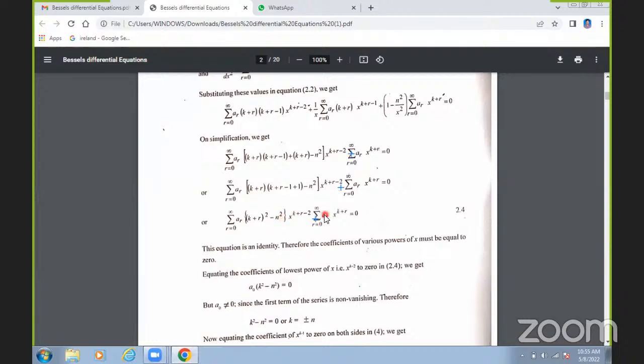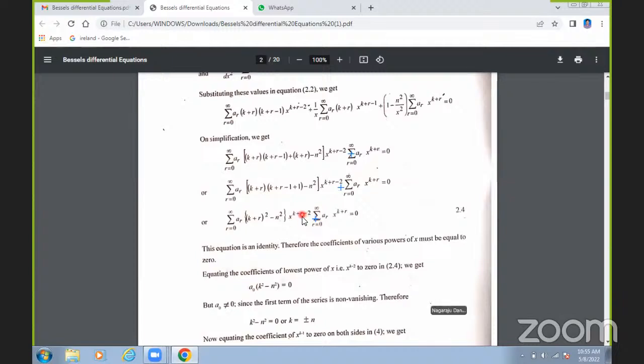So first of all, we will equate the coefficients of x to the power of k minus 2. To get x to the power of k minus 2, we write r as r minus 1.